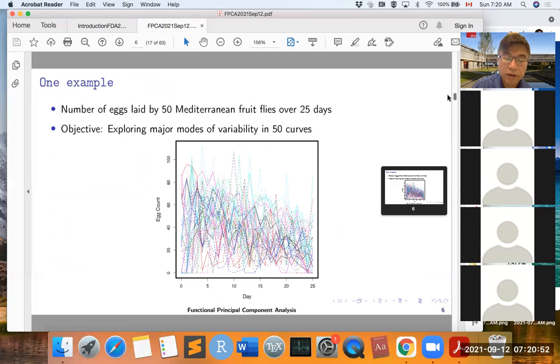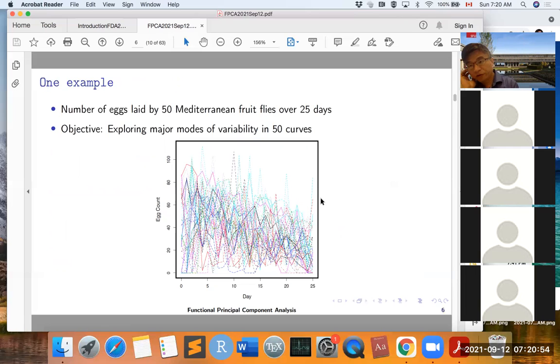Here you can see we have 50 curves, right? The first FPC puts the most weight around day 5.